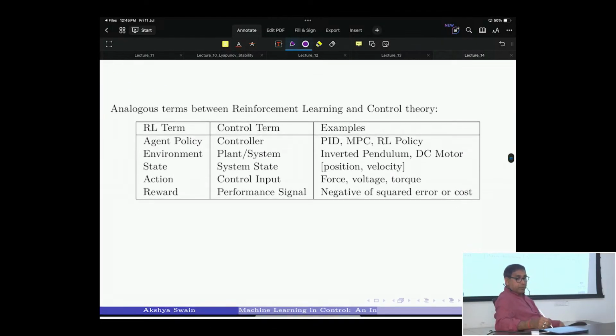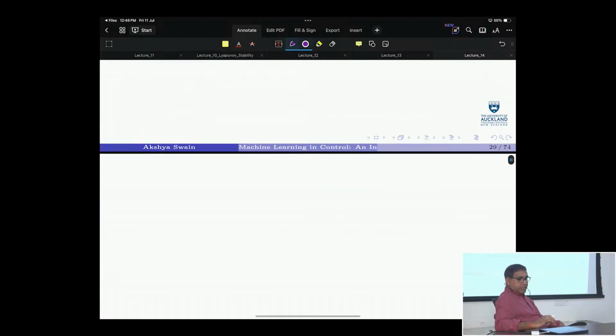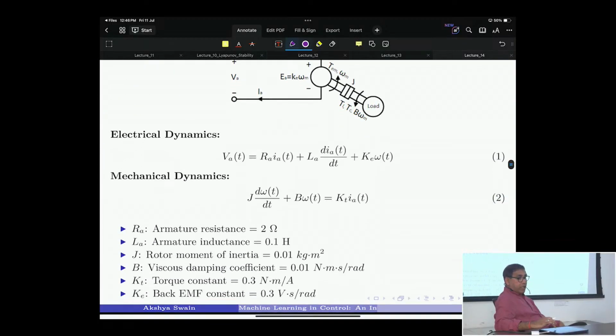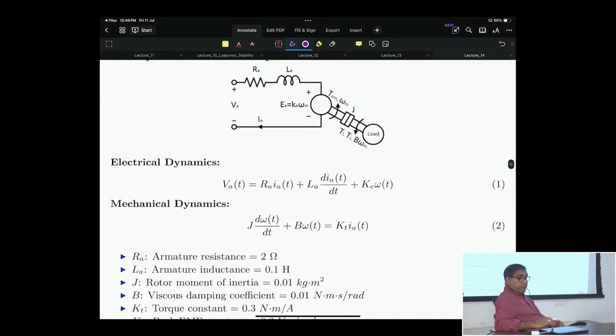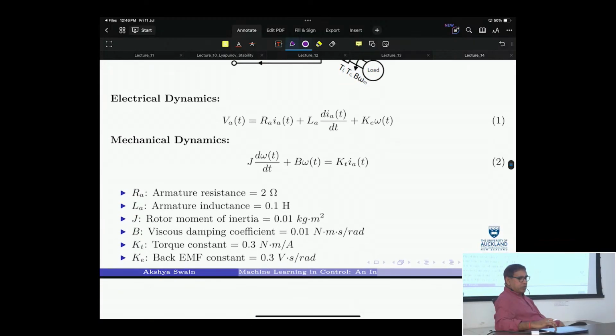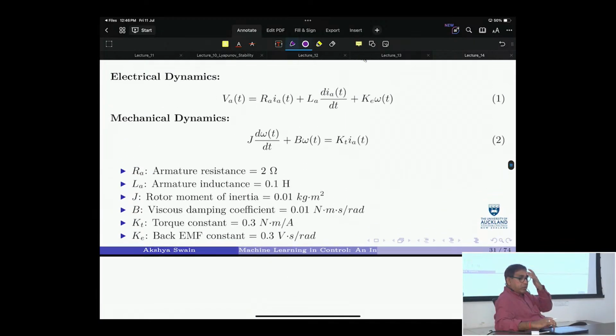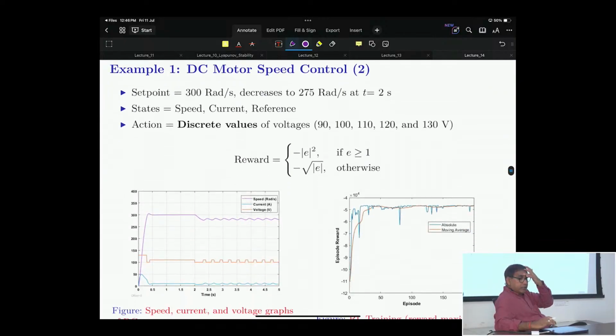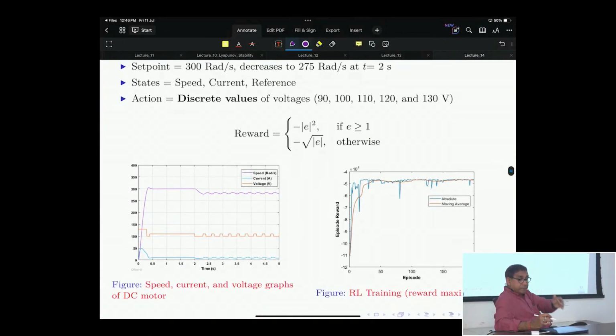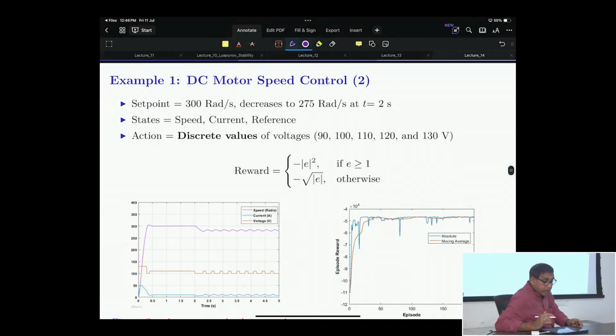See here, I have mentioned the relationship. Now this is a DC motor. The program is there. This is the reinforcement learning controller, you see here. Set point is 300 radian per second.